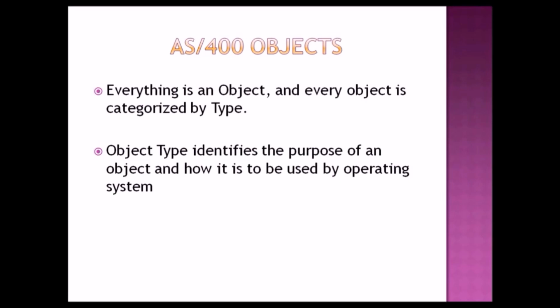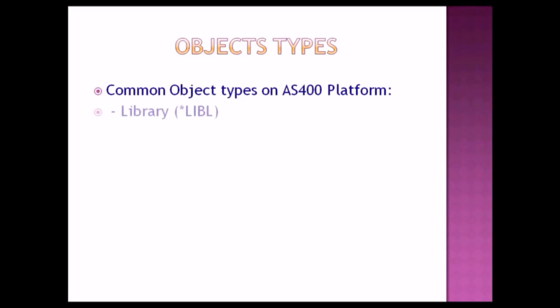Okay, so first in the list is library, and this is abbreviated as *LIB. This is basically a container to hold other objects. Note a library cannot exist within another library, with an exception which we're going to discuss later in the library section of the lecture.